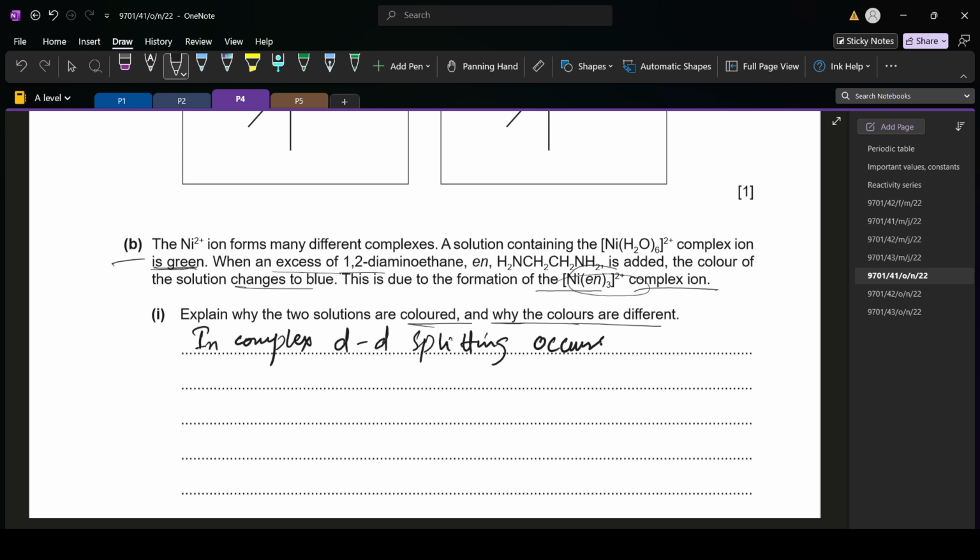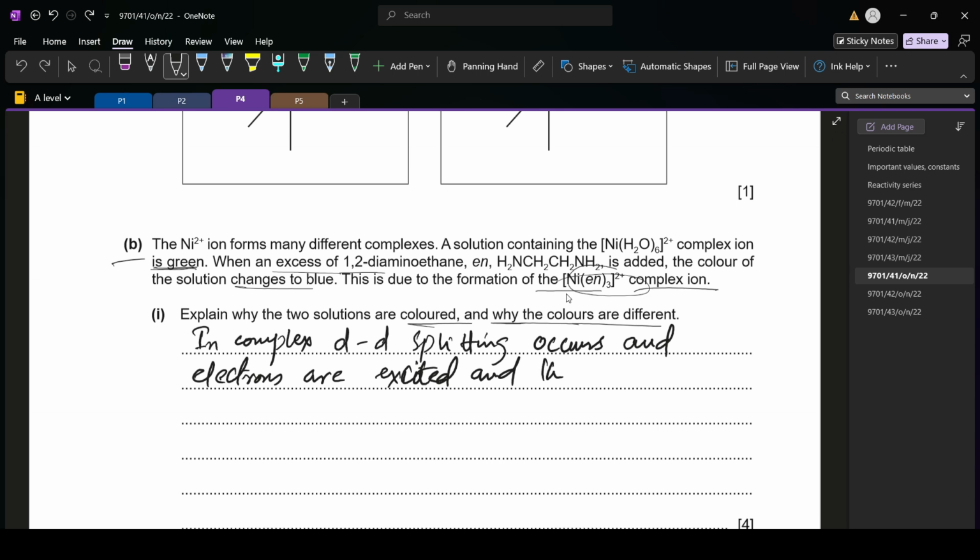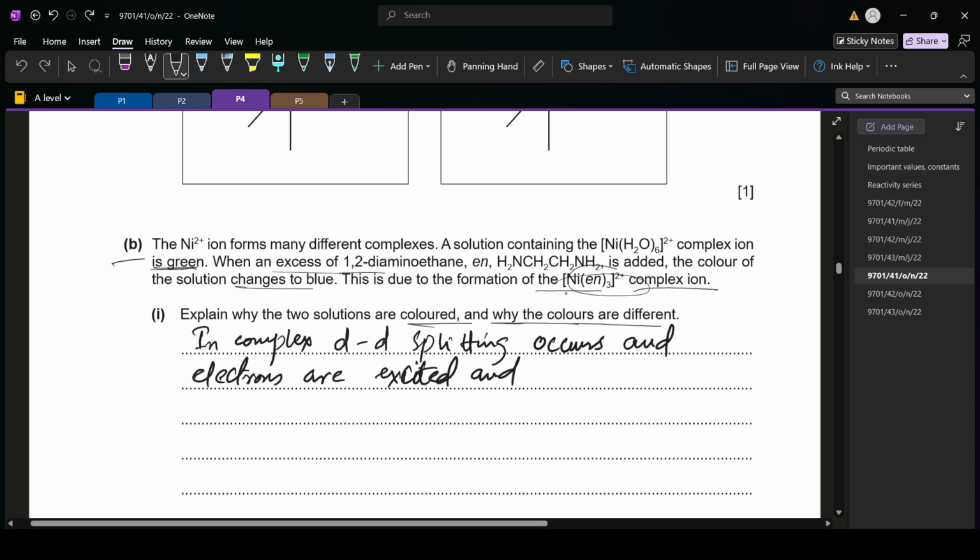Electrons are excited, and the wavelength of visible light is absorbed, and the color seen is complementary.